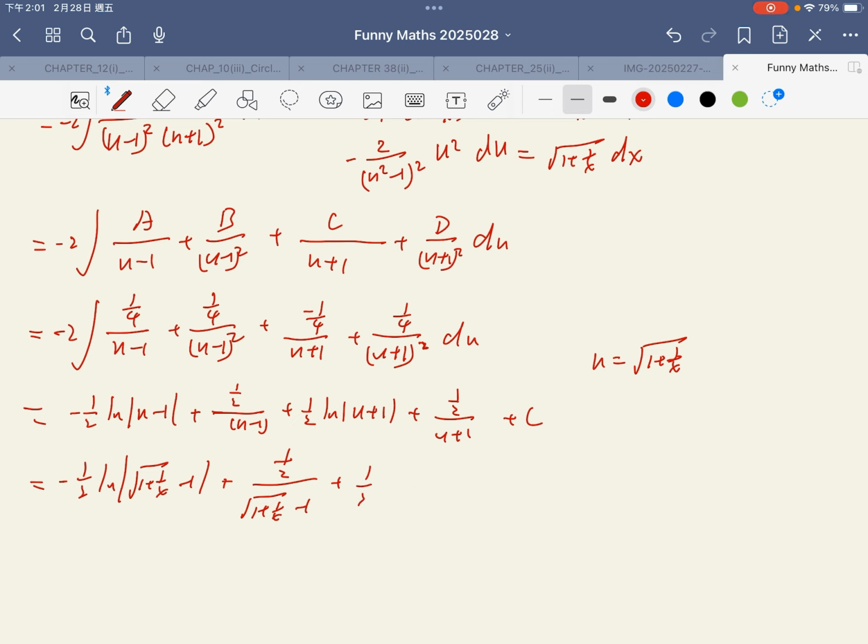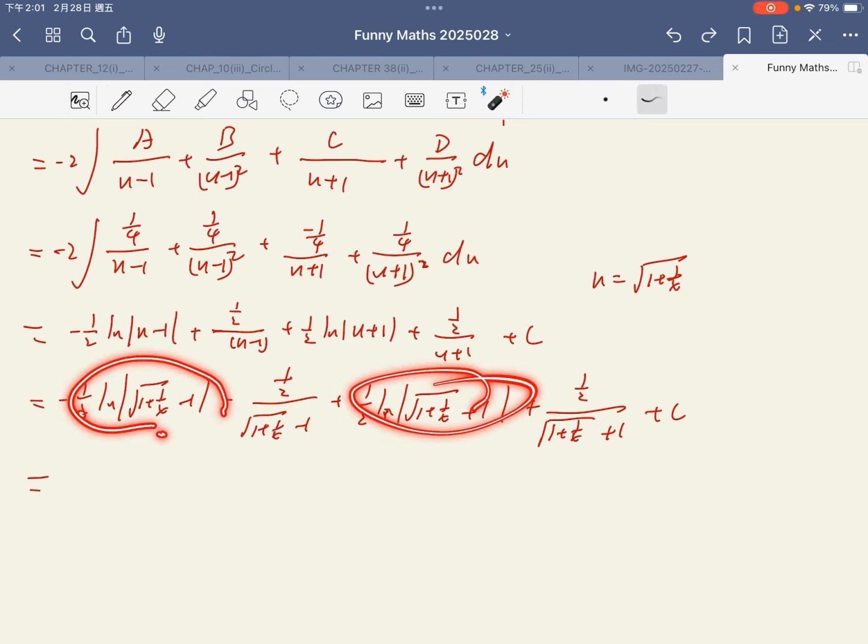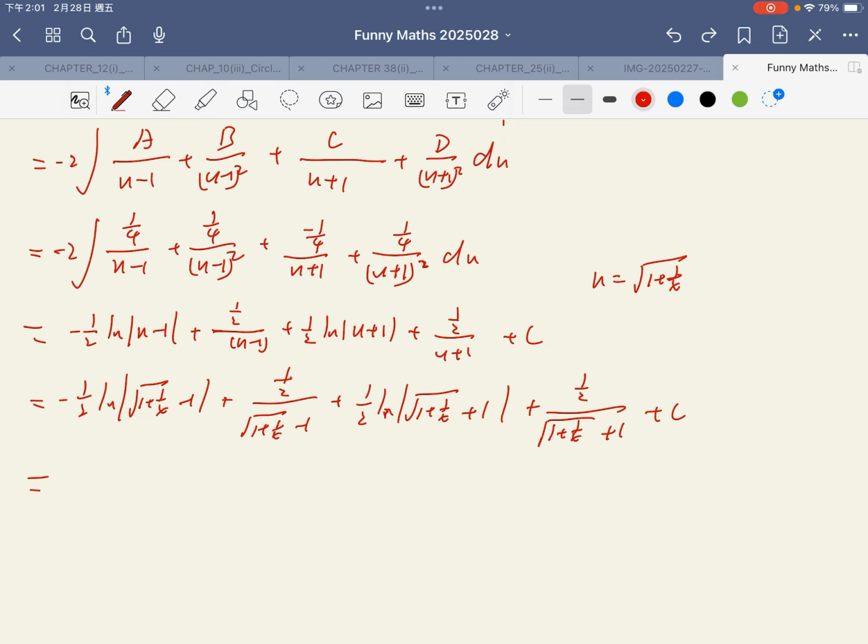Oh, sorry, I made a mistake here. Now I combine these two together, this one and this one. Then the square root natural log: the denominator is the square root of 1 plus 1 over x plus 1, and the numerator is the square root of 1 plus 1 over x minus 1.